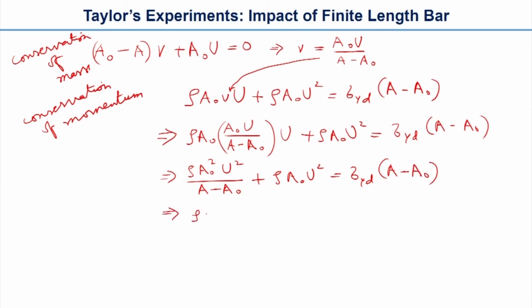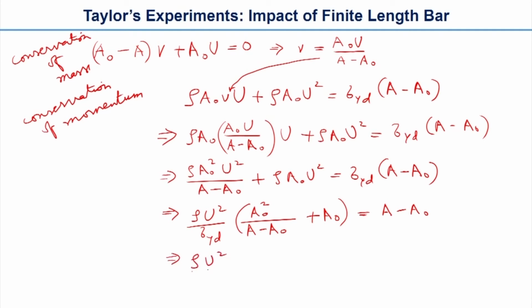We will try to simplify it more, taking that term common: A naught square over (A minus A naught) plus A naught. We take the term common, and then we will again find this term in terms of A and A naught.